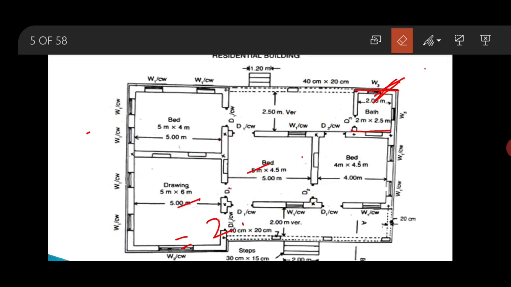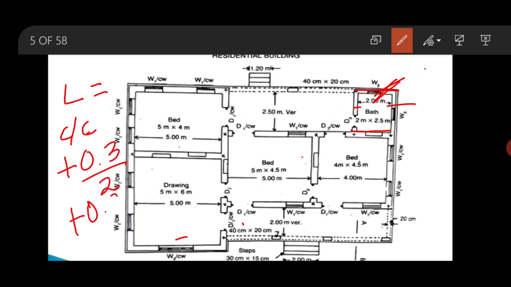Okay. Then in order to get the length of the DPC, with the center to center length we have to add half of the width of the DPC for both the sides, and on both sides there is a 20 centimeter wall. So the width of the DPC will be 0.3.